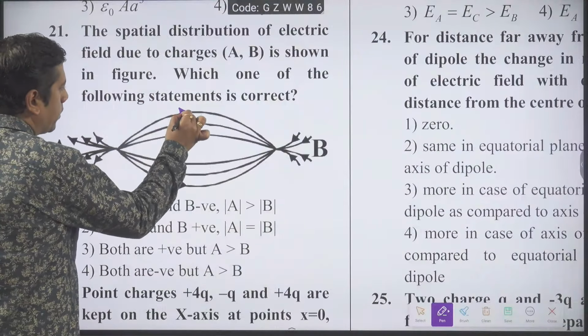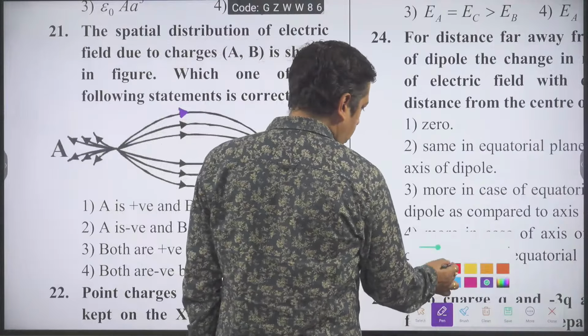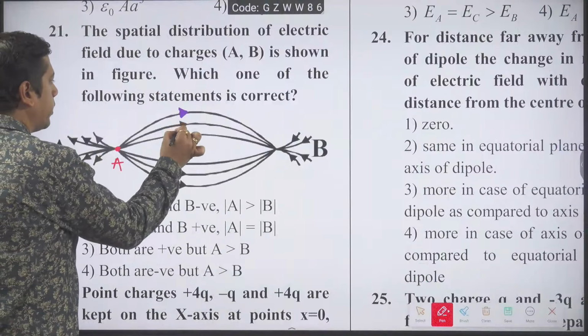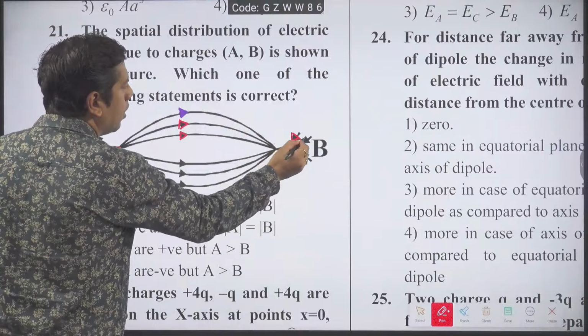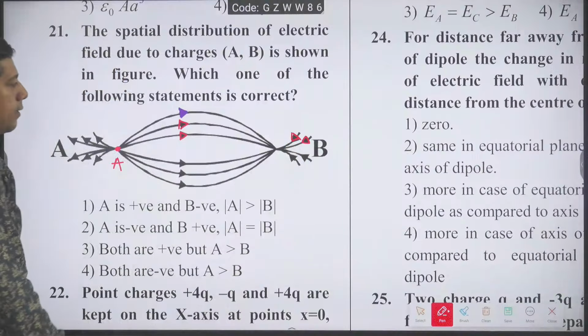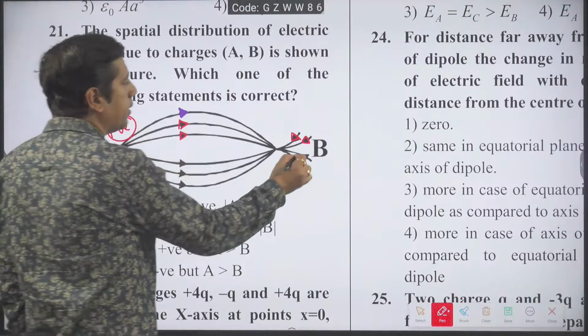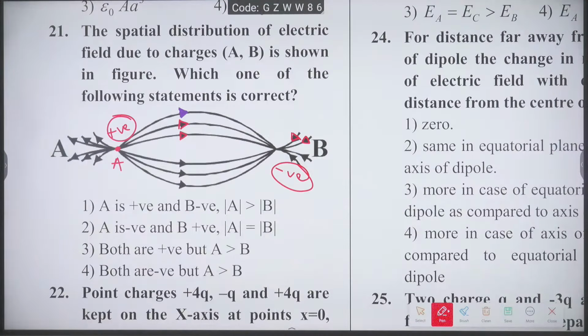If you see the arrow here, it is going away, originating from this charge. These field lines are originating from A and terminating at B. So that makes A a positive charge and B a negative charge. Okay? So option 1 is correct. You don't have to see anything else. Option 1 is correct because only one option is saying A is positive and B is negative.